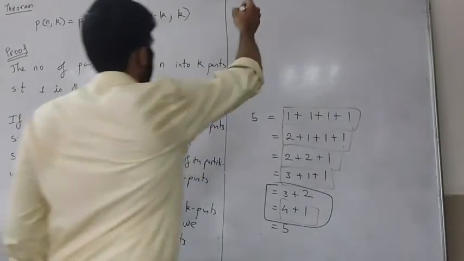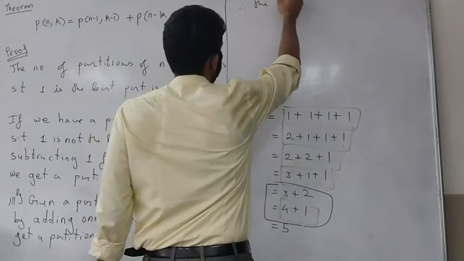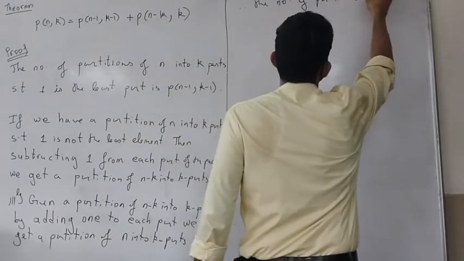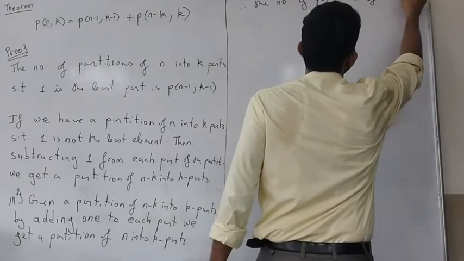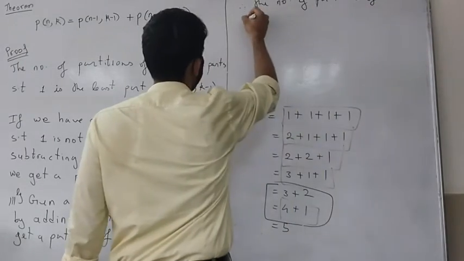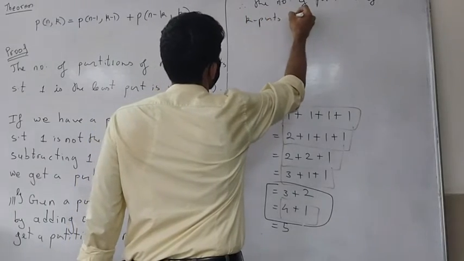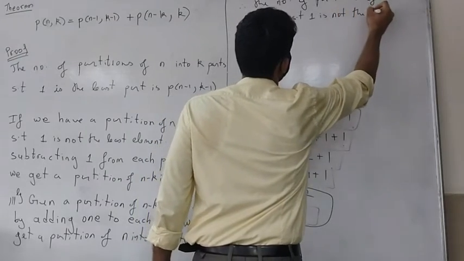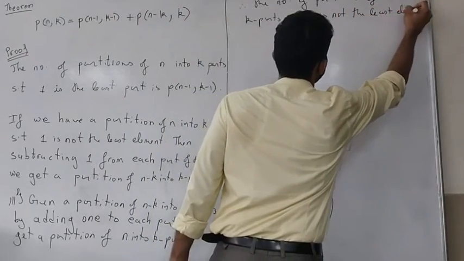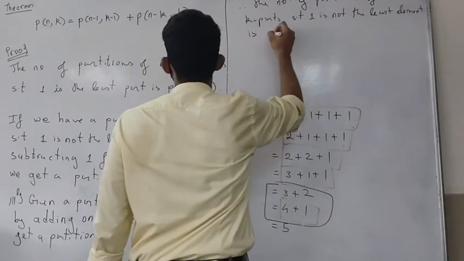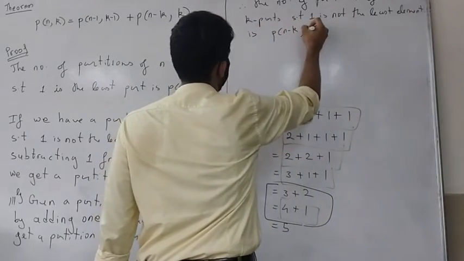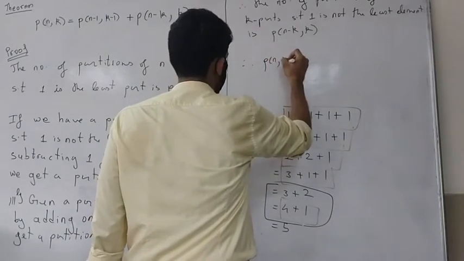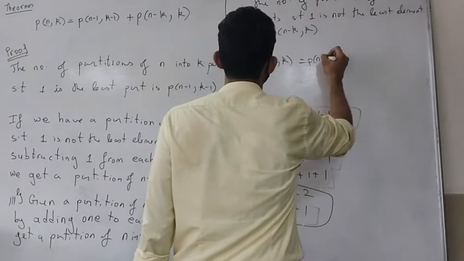So therefore the number of partitions of n into k parts such that 1 is not the least element is P(n minus k, k), and hence we have our recurrence relation P(n, k) equals P(n minus 1, k minus 1) plus P(n minus k, k).